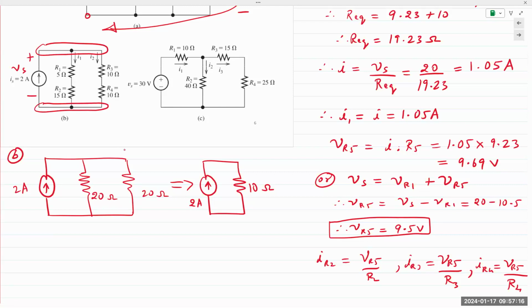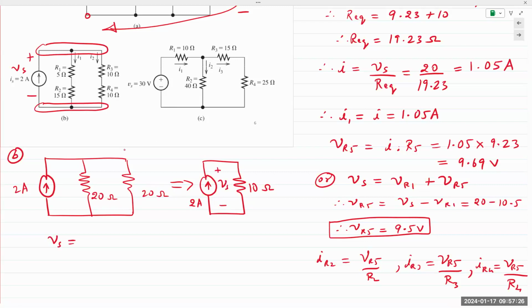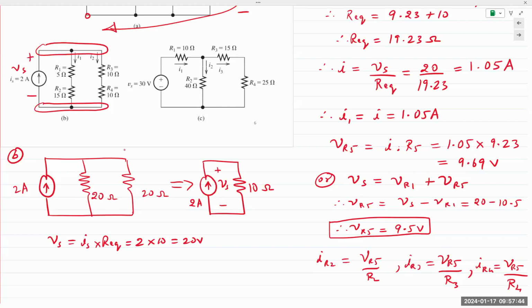Okay, so 2 amps times 10 gives me a value of Vs, which is Is times Req, 2 times 10 gives me 20 volts. 20 volts is applied across both branches of the resistances.